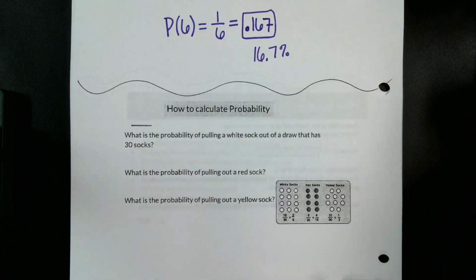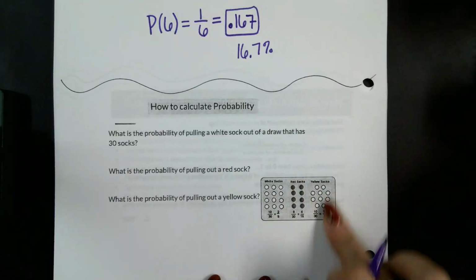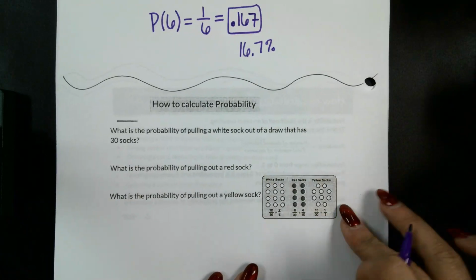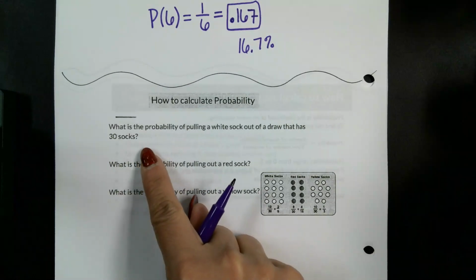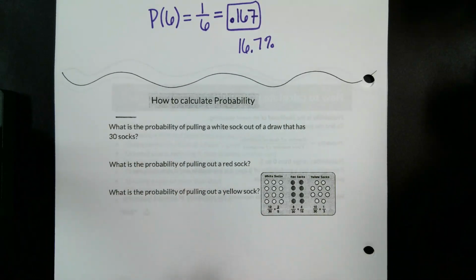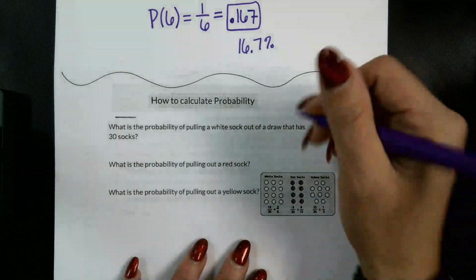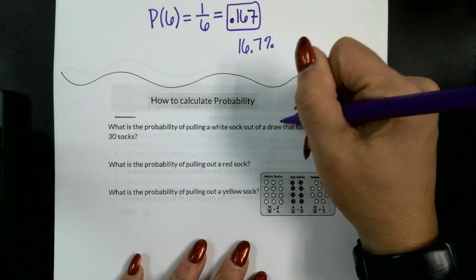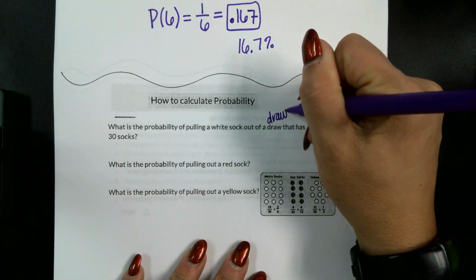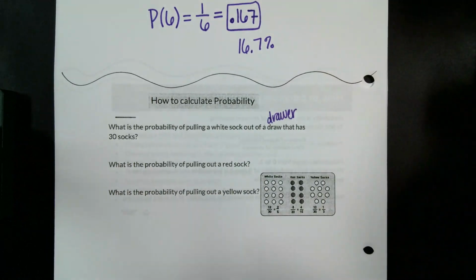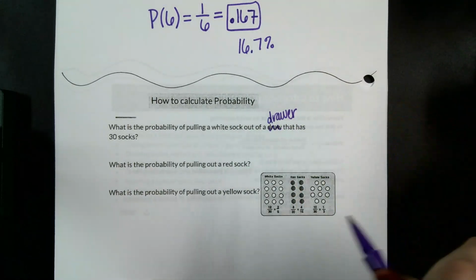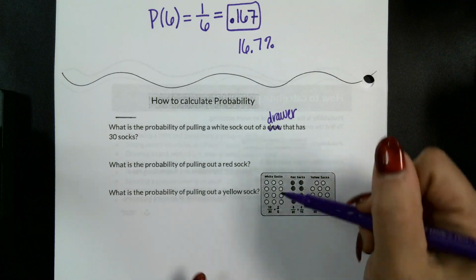All right, down here, here are all the different options of your socks. So the first question is, what is the probability of pulling a white sock out of a drawer? That has 30 socks. Well, how many of them are white?